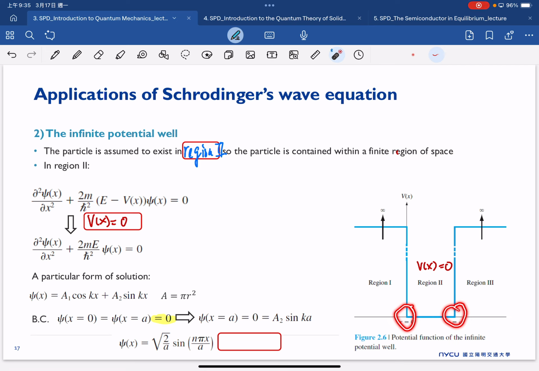Once we consider the boundary condition, we can solve this equation, where we get phi at x equal to a equal to 0, which is also equal to A2 sin ka. Therefore, we can solve this equation and get the expression for phi(x), shown here. Based on this equation, we can understand that it suggests we have a standing wave.